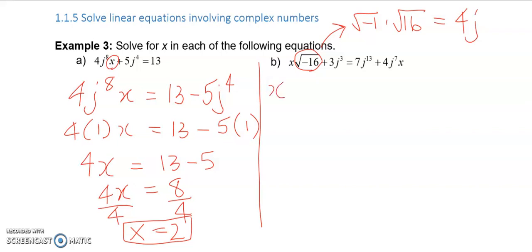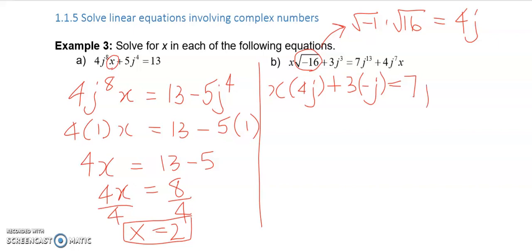So we have x times 4j plus, now, 3 times j to the power of 3. Let's simplify that now, shall we? j to the power of 3, remember, is -j. That's one of the ones that you should remember. Equals, and then on the right-hand side we have 7 j to the 13. 13 is not a multiple of 4, but 12 is.